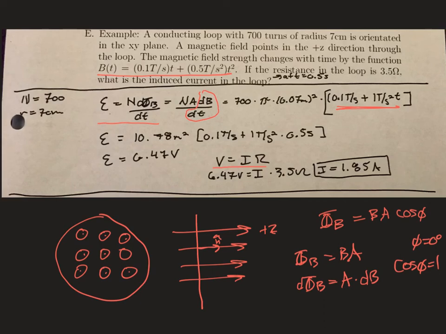I then begin reducing my algebra. So I've combined the numbers up front here to get this relationship here. And then I have subbed in for time in the function I got from taking the derivative of the magnetic field strength, which gives me this induced EMF. I can then plug into Ohm's law in order to get the induced current.